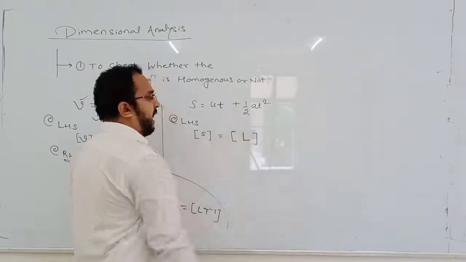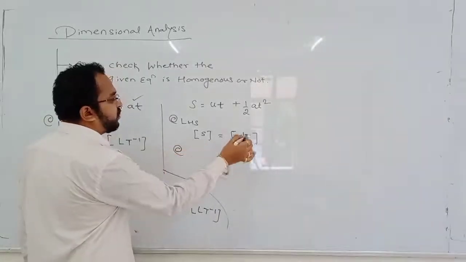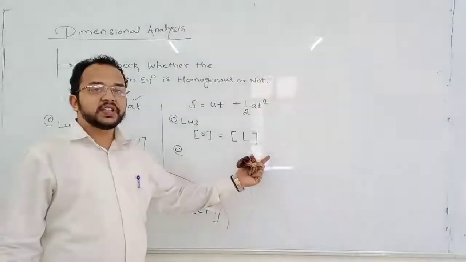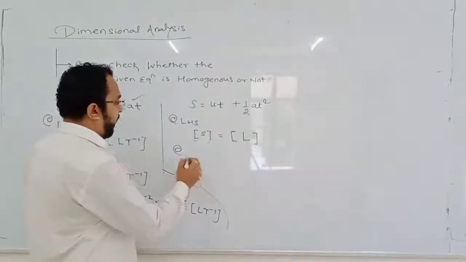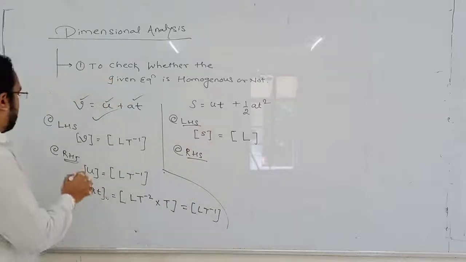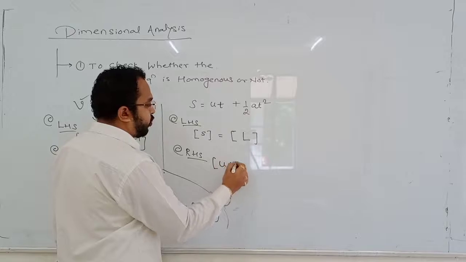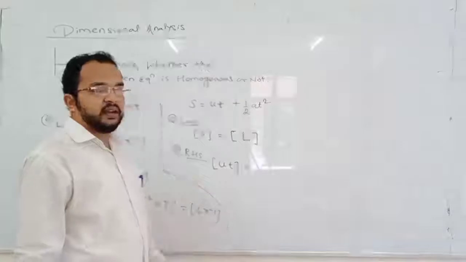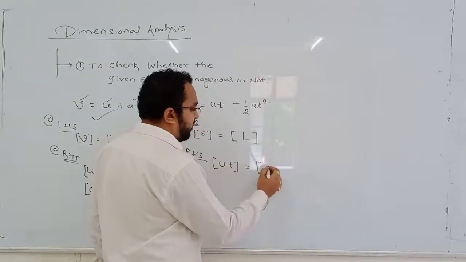So the dimensions are L. Now this L must be the dimension of these two quantities. Let's see at RHS. At RHS we have ut, u into t. What is u? u is the initial velocity. What is t? Time.